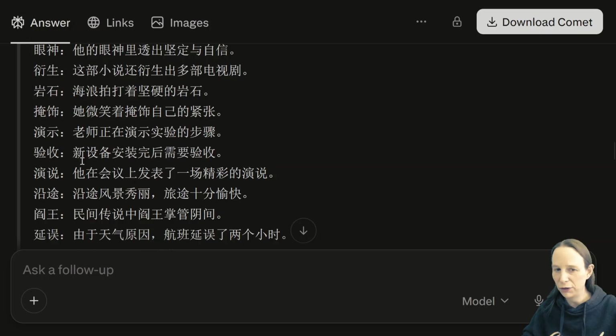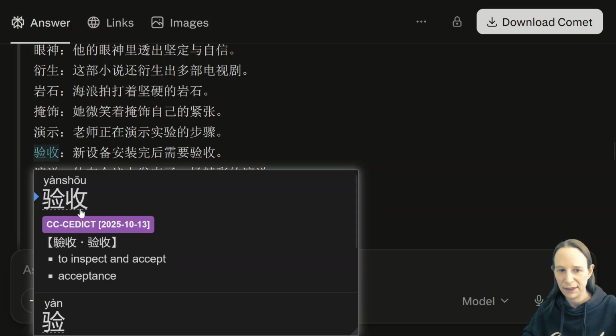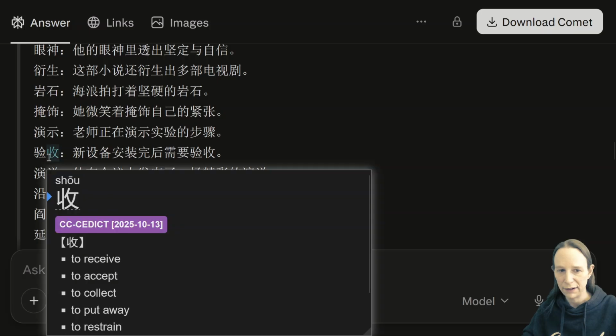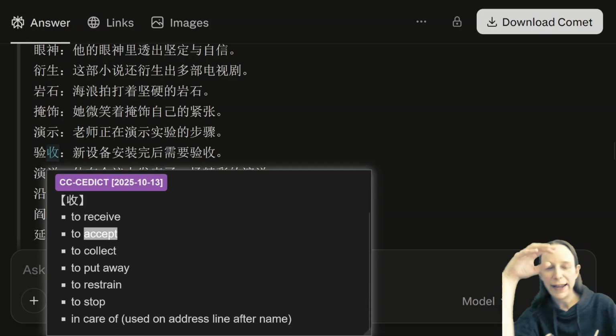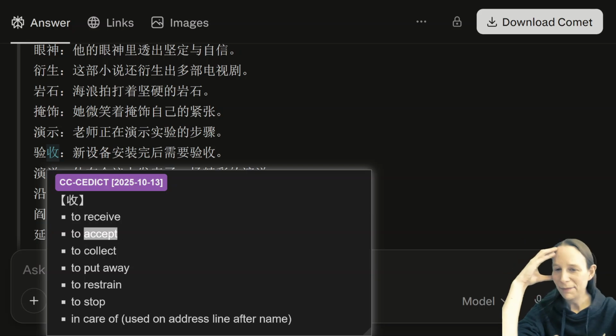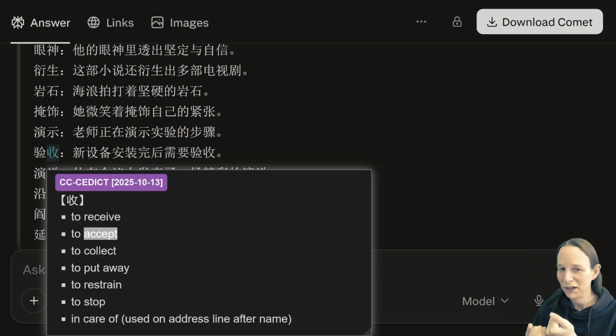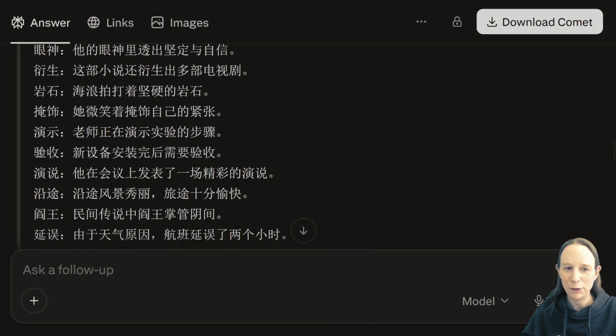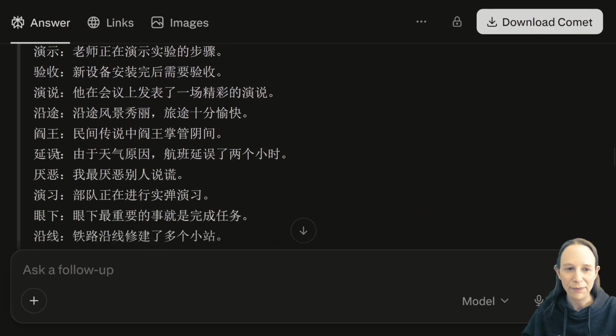What does the 收 pertain to? I don't know. Wait, really? 收 can mean accept, in the sense of I accept this package, but not accept in the sense of I accept this conclusion. I'm not sure why there is a 收 in here, but anyway.